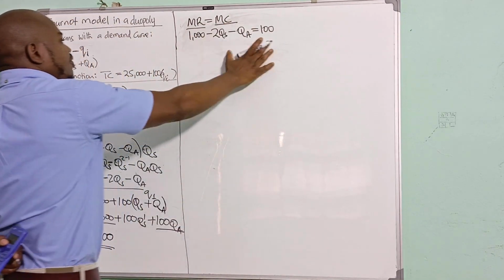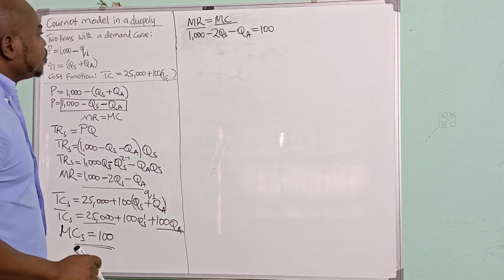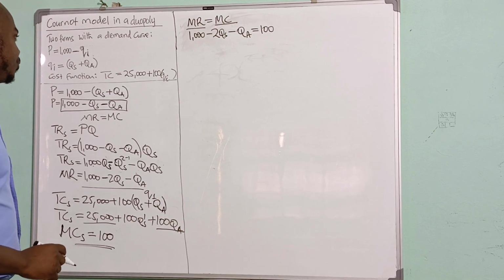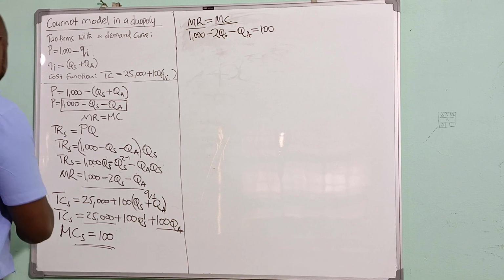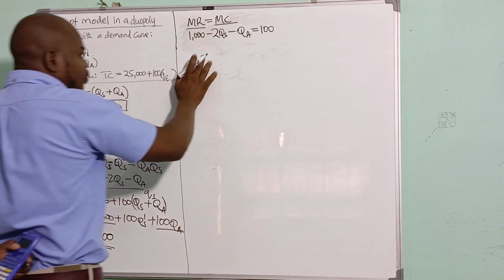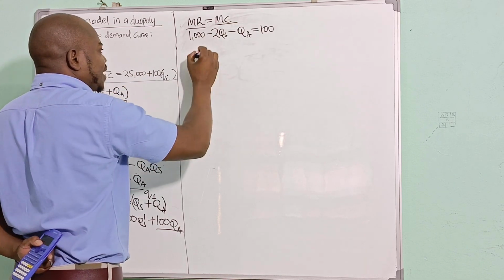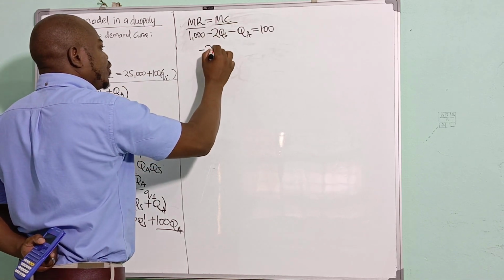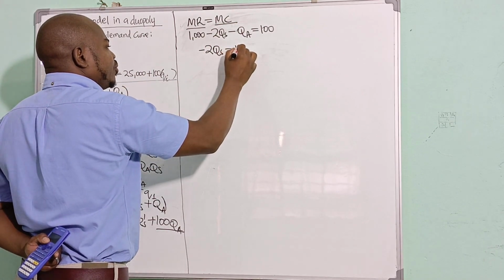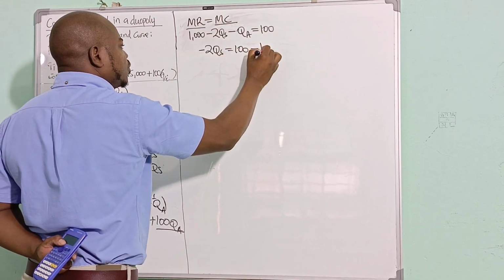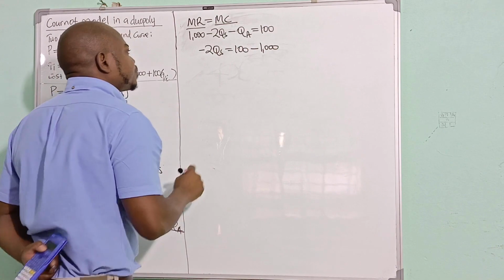Okay, now I have this kind of a setting here. Since I'm dealing with QS, I'll make QS the subject of the formula, so everything else has to go that side. So I'll remain with the 2QS here, and then we have the 100 this side. A 1000 goes that side, it will be negative 1000.